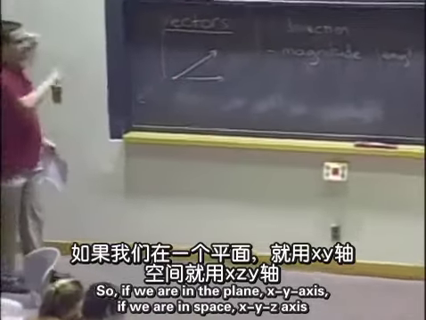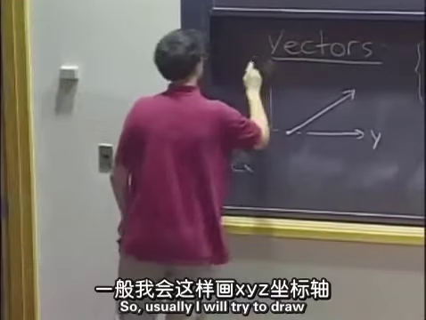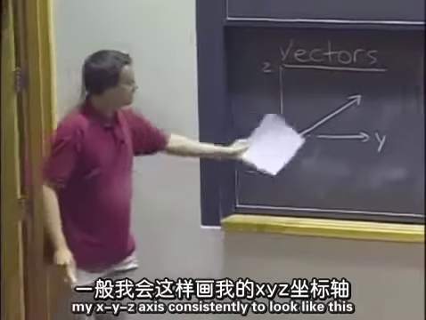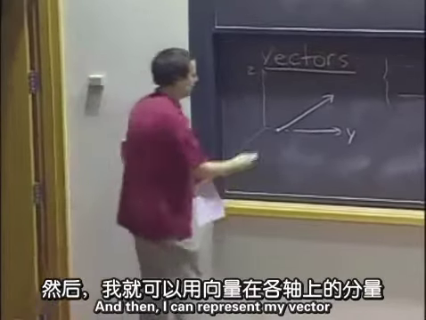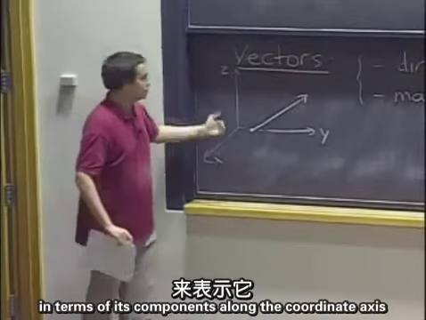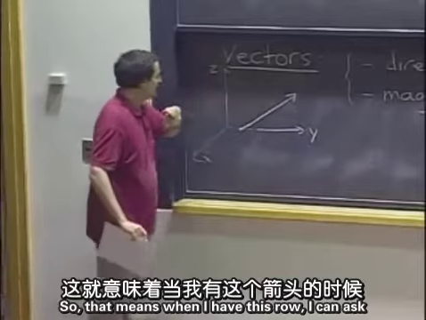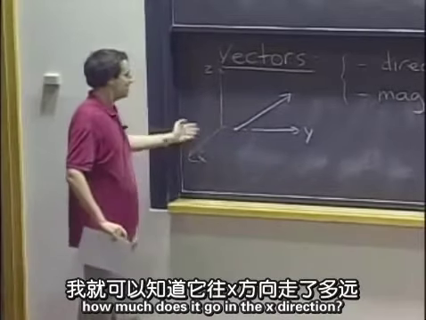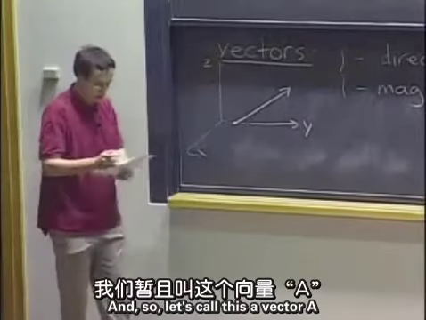So if we're in the plane, x, y axis, if we're in space, x, y, z axis. Usually I will try to draw my x, y, z axis consistently to look like this. And then I can represent my vector in terms of its components along the coordinate axis. That means when I have this arrow, I can ask how much does it go in the x direction, how much does it go in the y direction, how much does it go in the z direction.